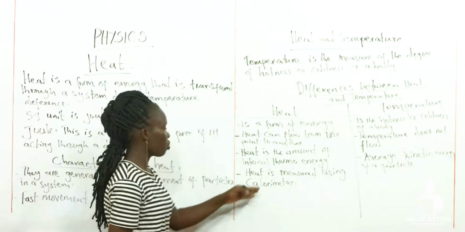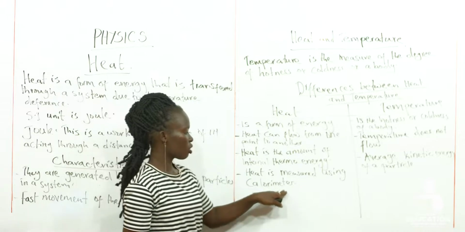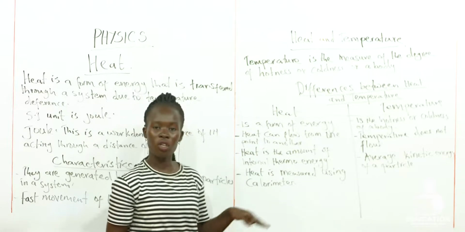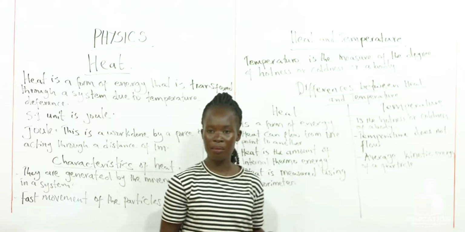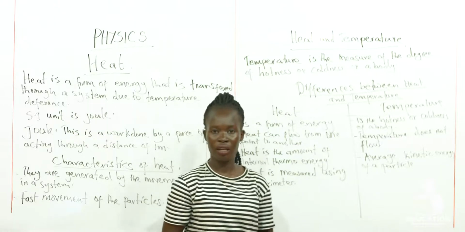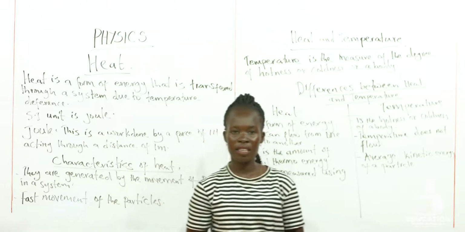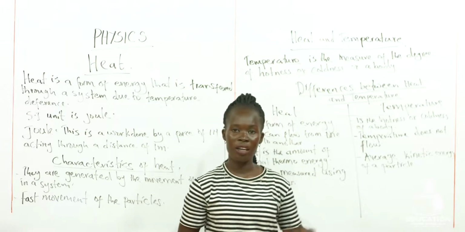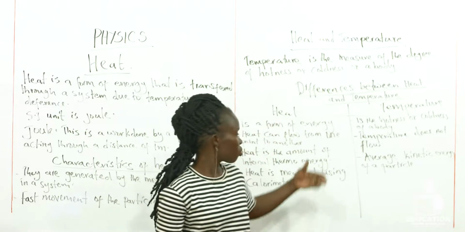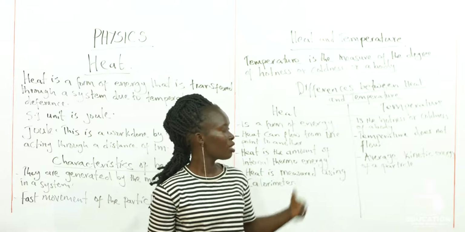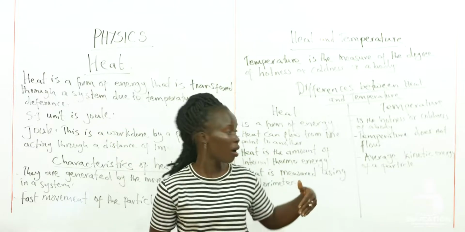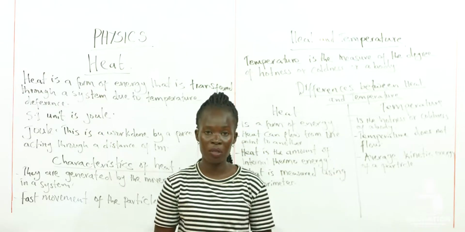If you say you use this instrument for measuring heat, do you also use the same to measure temperature? So we find out that we do not use the same calorimeter to measure temperature. So what is the instrument we use for measuring temperature?